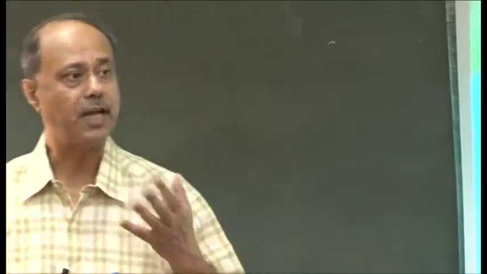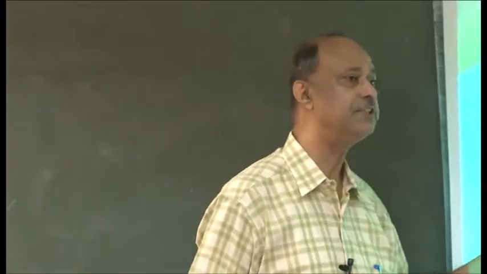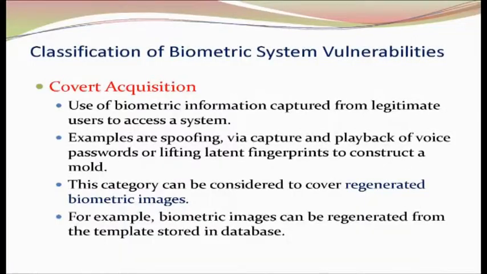So, I am the genuine person, you have captured my data, and that information you will be using for your purpose. Examples are spoofing, that is via capture and playback of the voice or signature, that you will be playing back. Or somewhere you gave your fingerprint, I have taken a photograph of it, and then I extract the features and use it for further purpose.